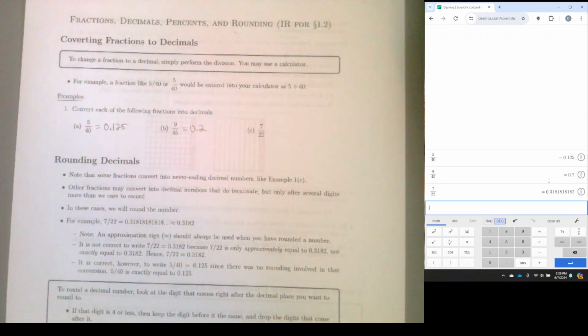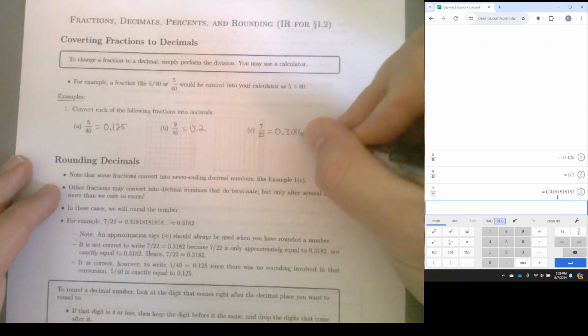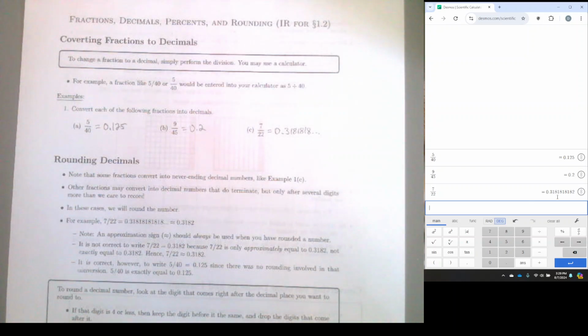Now this time we get a long decimal number that doesn't seem to terminate. Desmos is rounding the last digit, but really this would go on and on forever. It would be 0.3181818 on and on forever. So I'm just going to use some ellipses to indicate that.